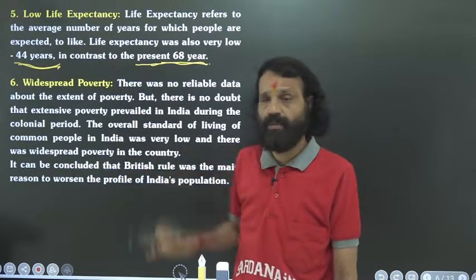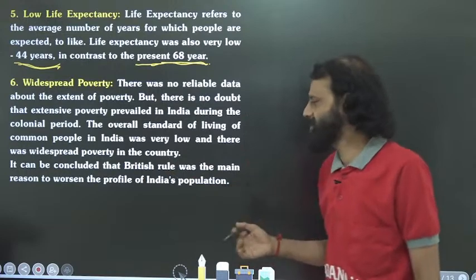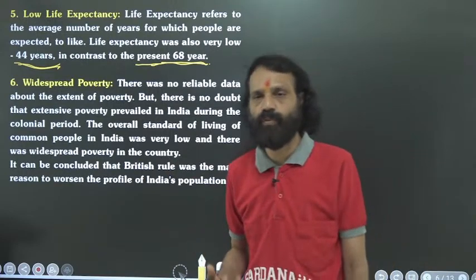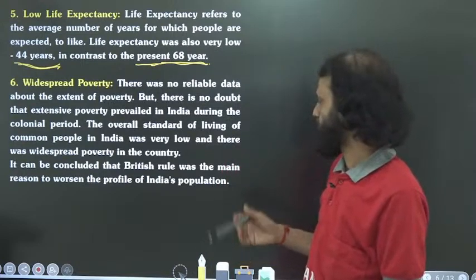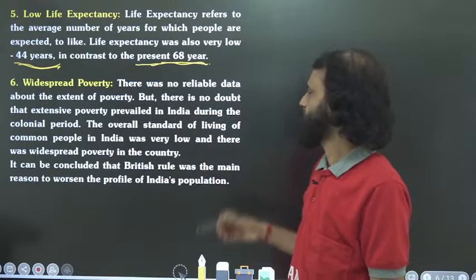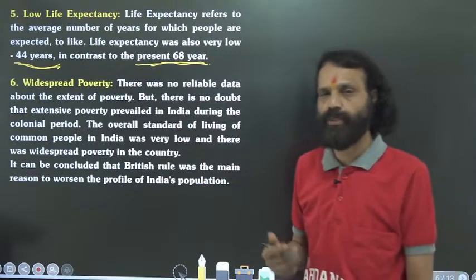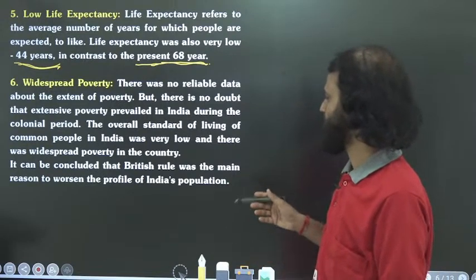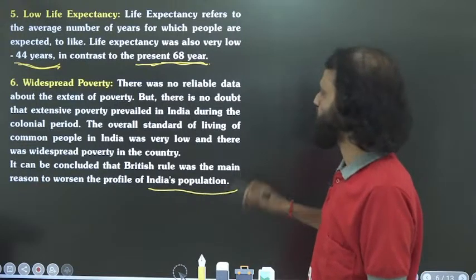It can be concluded that British rule was the main reason for worsening the profile of India's population. India's population exploded because of the Britishers' poor management. They didn't provide any better way to Indian citizens. That is also one of the reasons for India's population explosion.